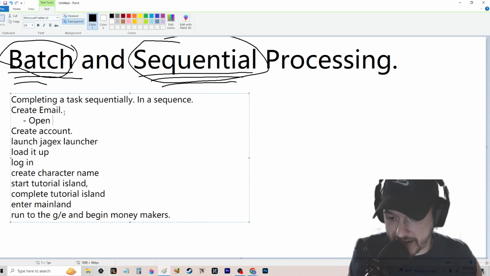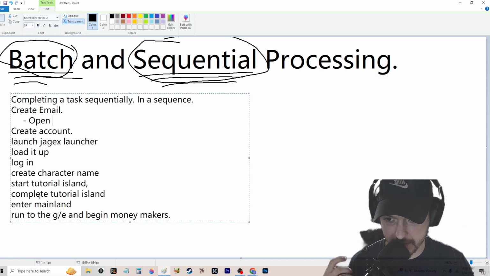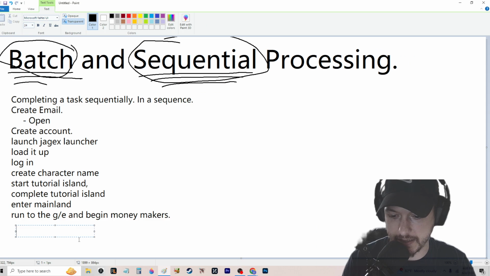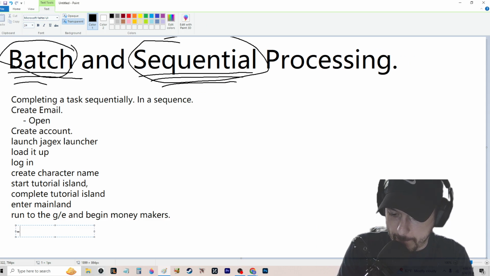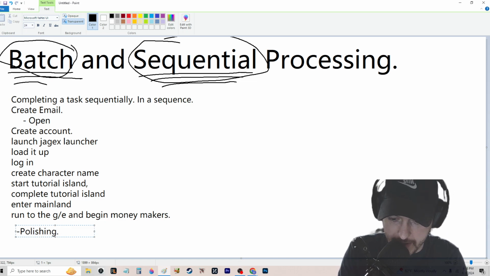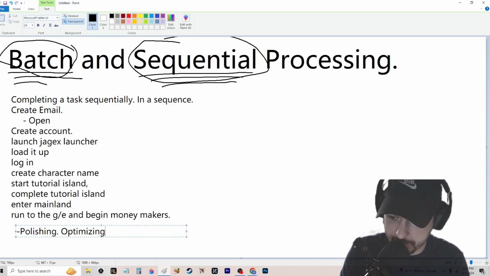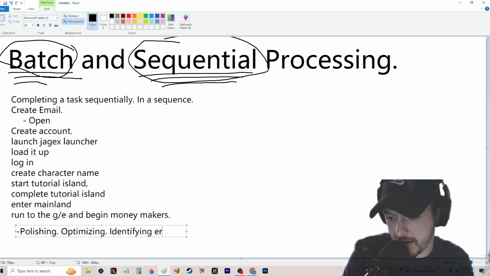But now I get it, because the main utility in sequential processing is polishing. That's probably a good word for it. Optimizing, reducing or identifying errors.